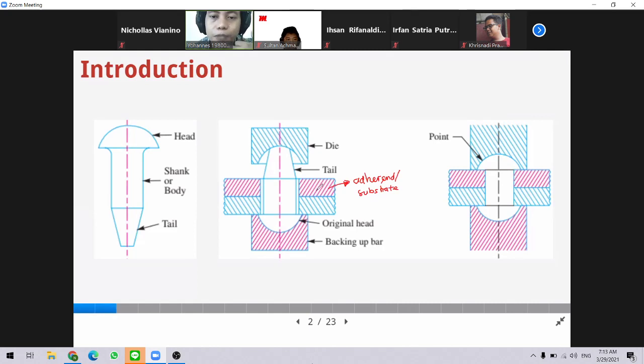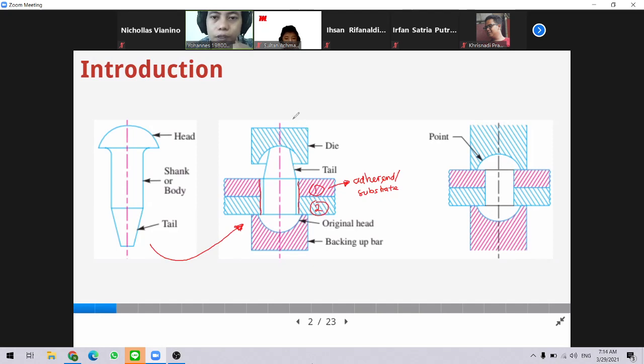And here we have the second plate. Then we make a hole in both plates and put this rivet body inside the plates with the head in the bottom and the tail in the upper position.